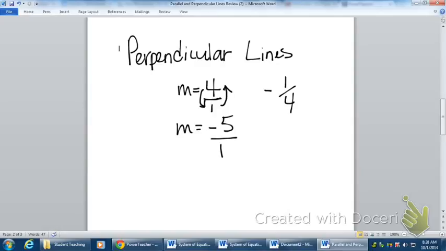So your new slope would be -1 over 4. For the second one, instead of -5 over 1, it would be flipped to 1 over 5. And remember, I changed the negative into a positive. That's what reciprocal means.